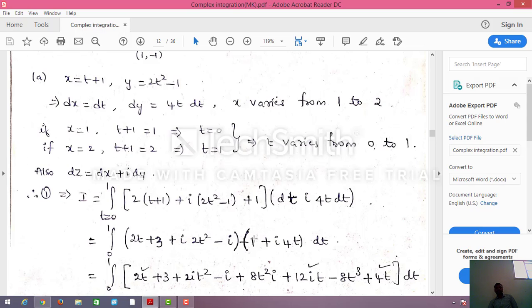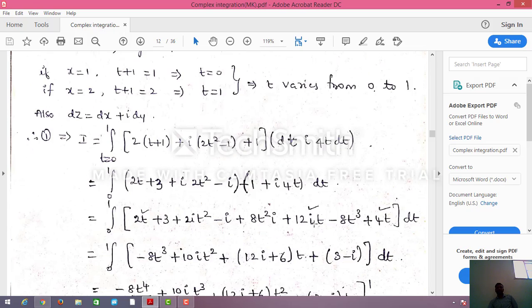Now I am multiplying this 1 plus 4it with this. Multiplying 1 into these terms, I will get 2t plus 3 plus 2i into t square minus i. Then similarly i into 4t multiplied with these terms gives 8t square i plus 12it minus 8t cube plus 4t.